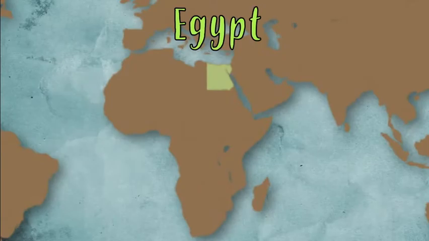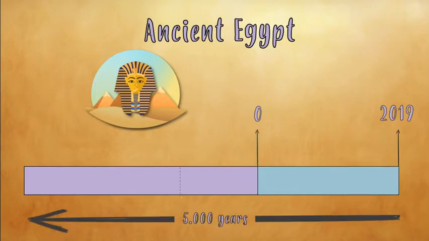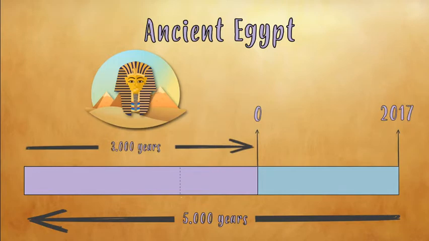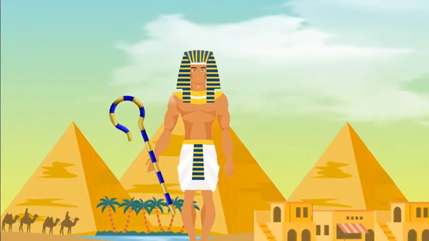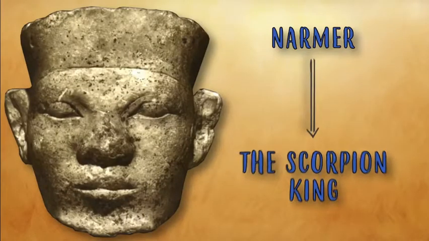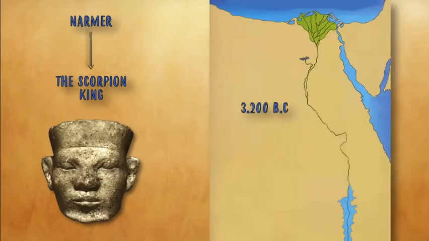But what we call ancient Egypt is a civilization that started more than 5,000 years ago and lasted for approximately 3,000 years. Its origins commence with Pharaoh Narmer, also known as the Scorpion King, who in 3200 BC founded this country at the Nile's bank.